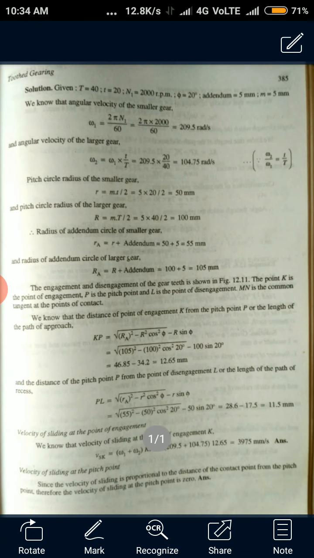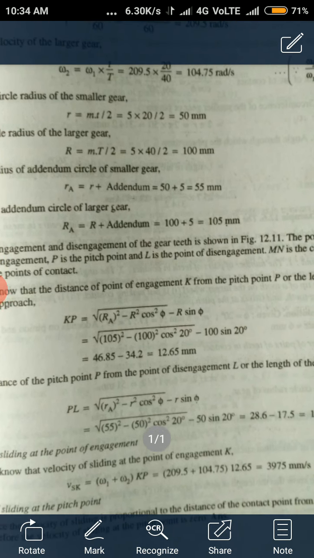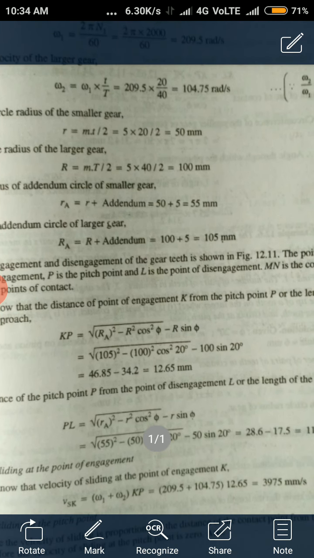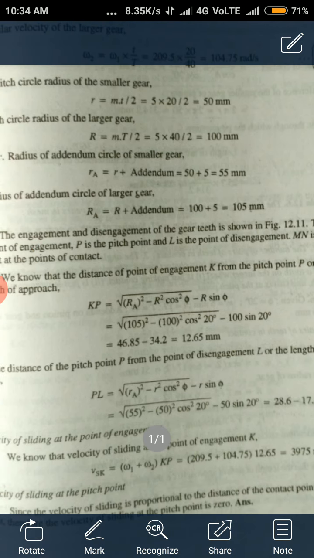So now we can calculate the velocity of sliding at the engagement. Substituting that, omega 1 plus omega 2 into the length of path of approach, so you got 3975 mm per second.